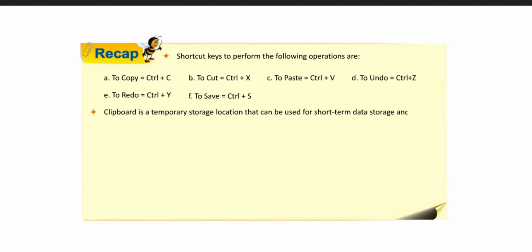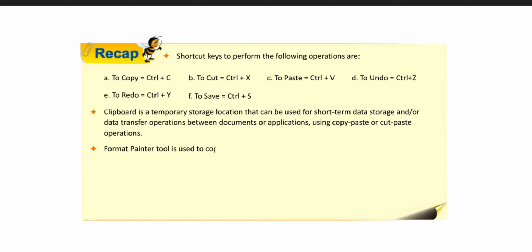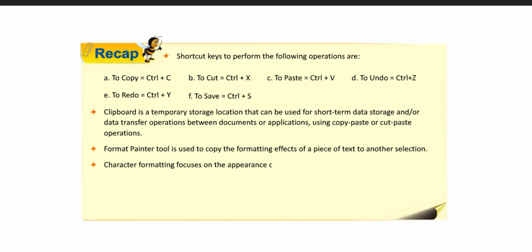The clipboard is a temporary storage location. It can transfer data between documents and applications using the cut, copy and paste operations. Format Painter tool: formatting effects will be applied with it.